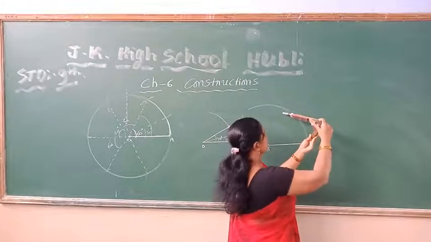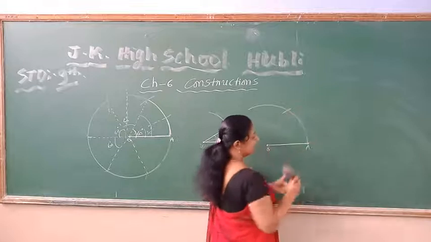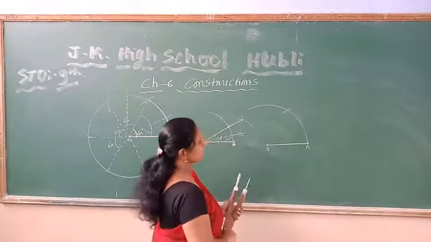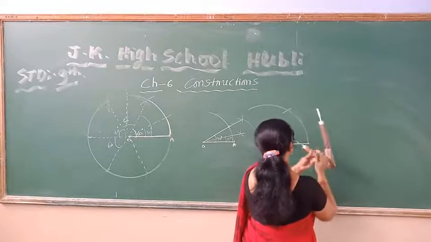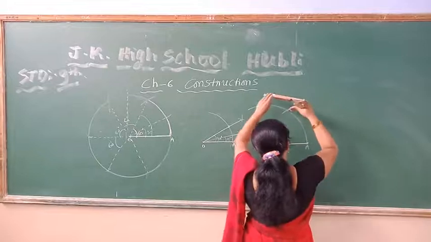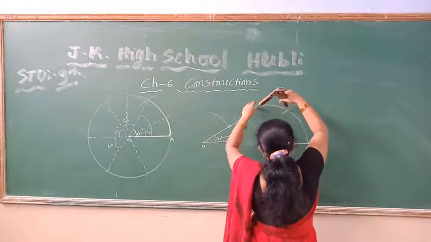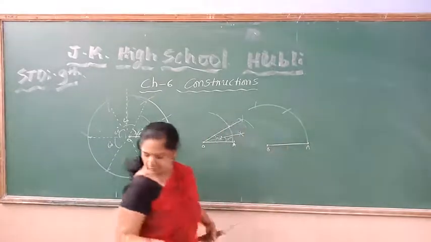So if I cut once, it is 60 degree. Another time if I construct, by taking the same radius, if I cut, this is 60 degree, then the same if I cut, then it is another 60 degree. So now this is already 60 we know, children.